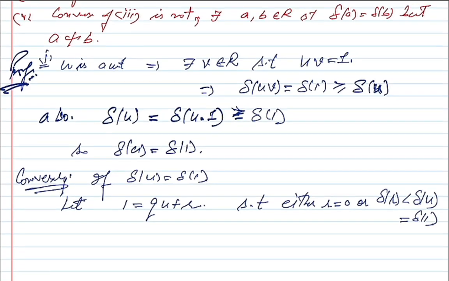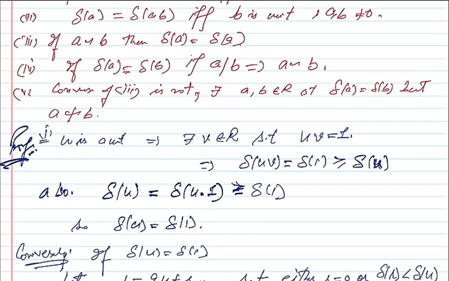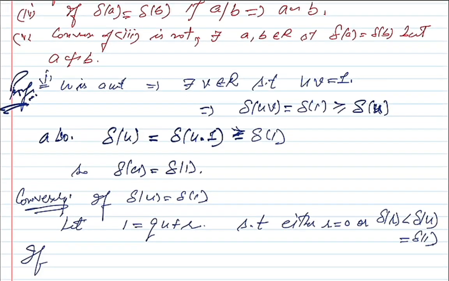Now if r is 0, then we are done, because 1 is qu, so u is a unit. So suppose r is non-zero, therefore delta r has to be less than delta of 1.